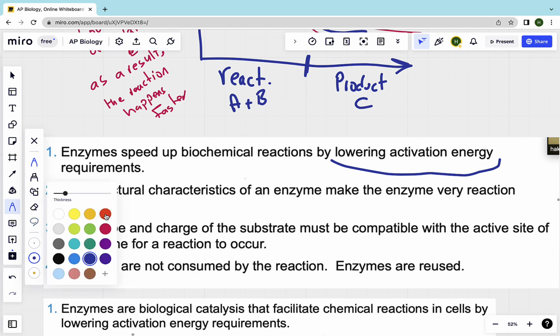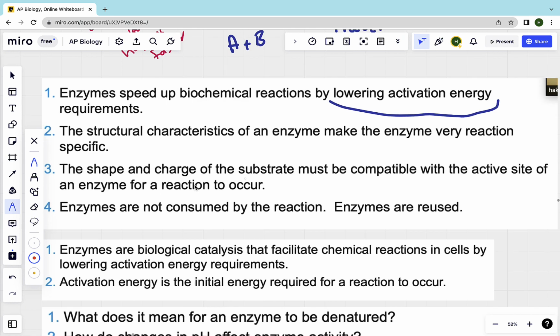Now, the next structural characteristic of an enzyme makes the enzyme very reaction specific. When I say structural characteristic, what do I mean by that? We are speaking about the enzyme still. What do I mean by structure? Yes, shape, 3D shape.